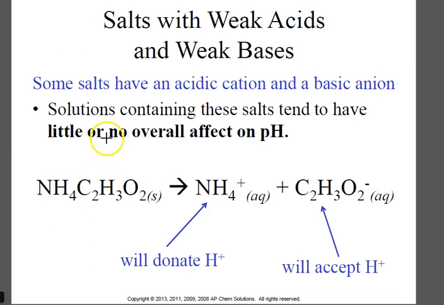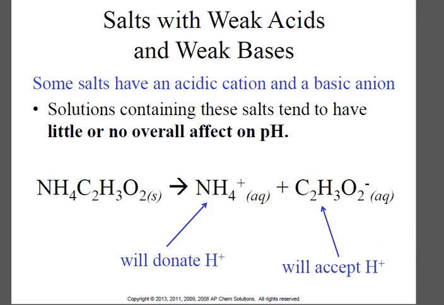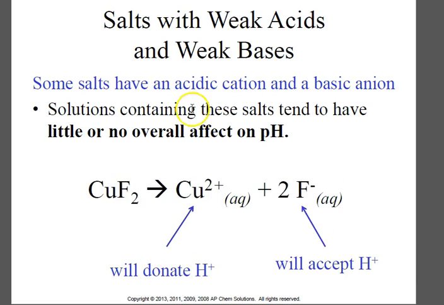So for example, in this salt, this ammonium acetate, we have ammonium, which could donate a hydrogen because it's the conjugate of a weak base, and acetate, which could accept the hydrogen because it's the conjugate of a weak acid. So we have two weak conjugates here. They are doing opposite things. One's donating, one's accepting. So overall, there's going to be no or very minimal effect on the pH.